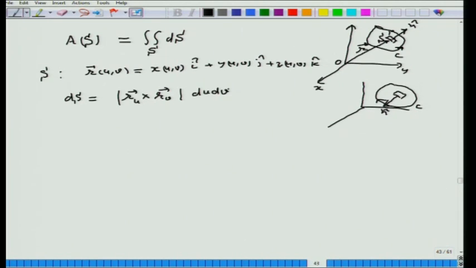And so, here now we know that this one can be taken as n cap. So, this will be nothing but the area A(S) over this S of the absolute value of this n cap dS. So, this is what we have as dS.